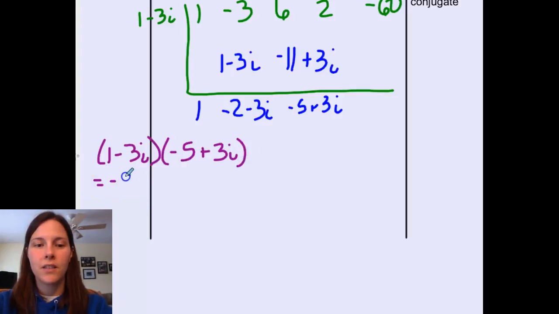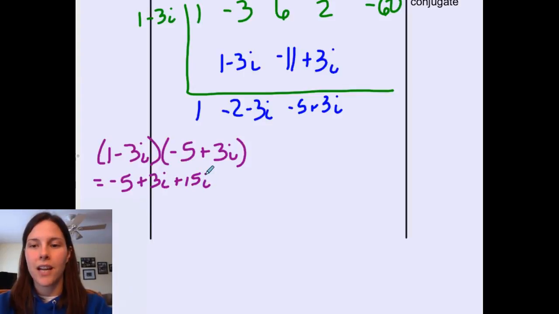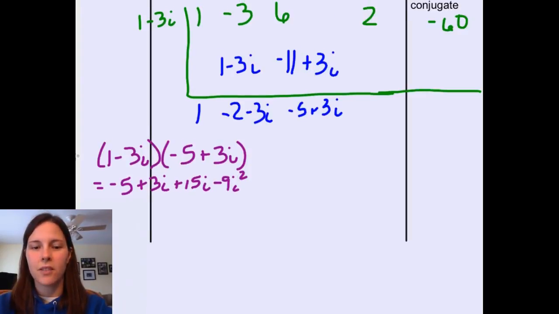1 times -5 plus 1 times 3i, -3i times -5, and -3i times positive 3i. I needed to give myself a little more room there. The -9 times i squared becomes a positive 9, plus the negative 5.